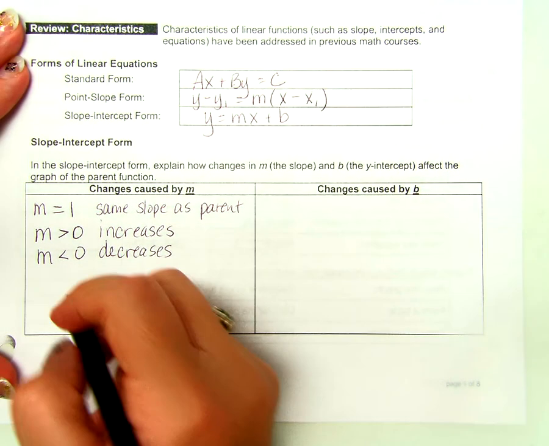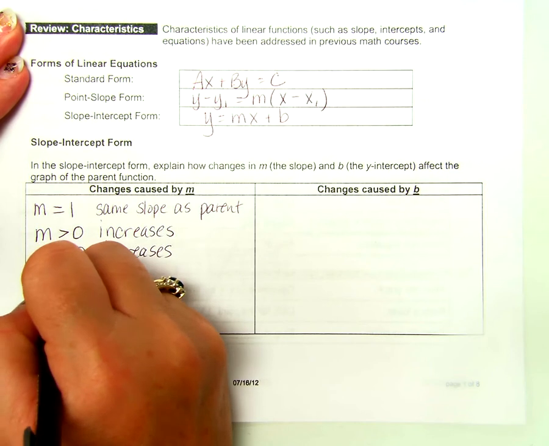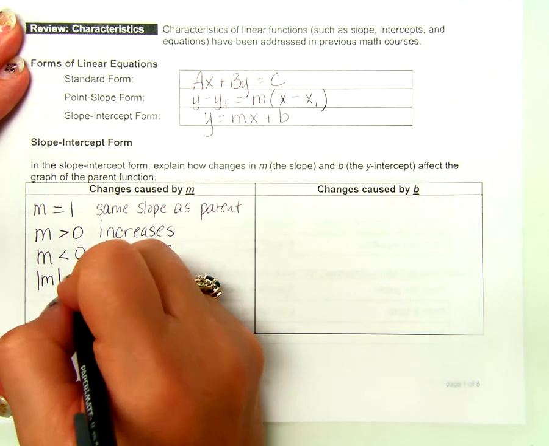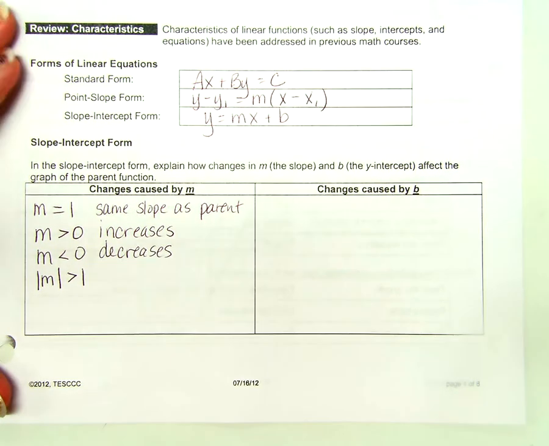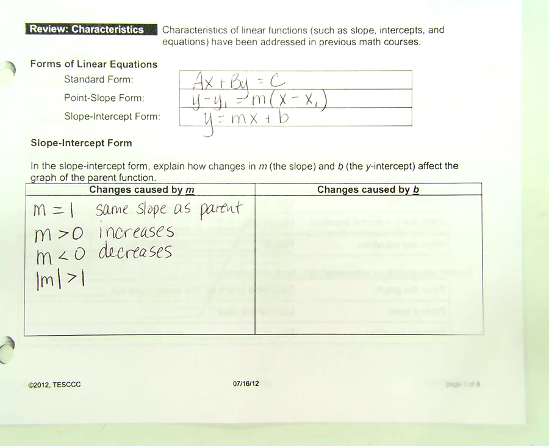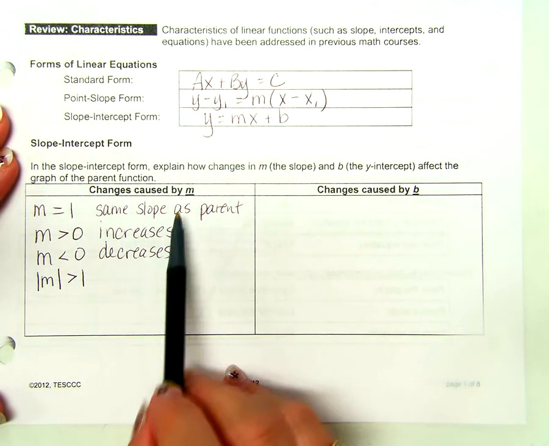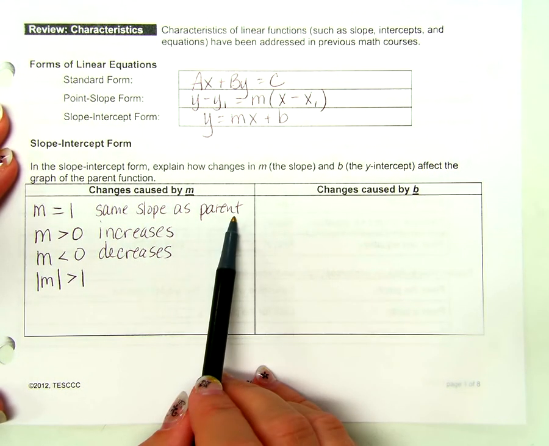What happens if the absolute value of m is greater than 1? Whatever number m is, whether it's positive or negative, if that number is greater than 1. Not necessarily just increasing, because if it's negative, it's going to be decreasing. But how is it compared to the parent?